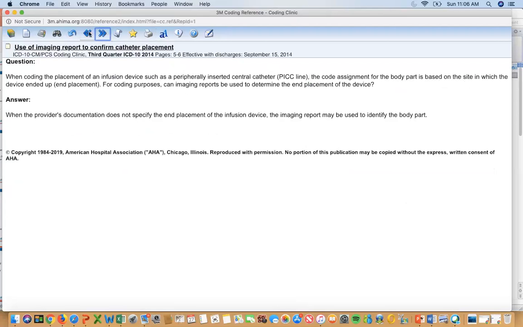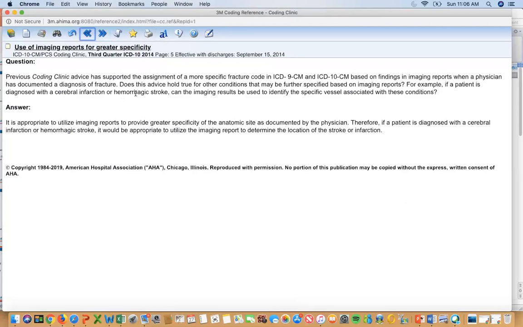Sorry. Oh, whoops, it does too. Sorry. And then it says, for example, if a patient is diagnosed with cerebral hemorrhage or hemorrhagic infarct, hemorrhagic stroke, can the imaging results be used to identify a specific vessel associated with these? So again, that is what they are stating. It is appropriate to utilize imaging reports to provide greater specificity of the anatomical site as documented by the physician.